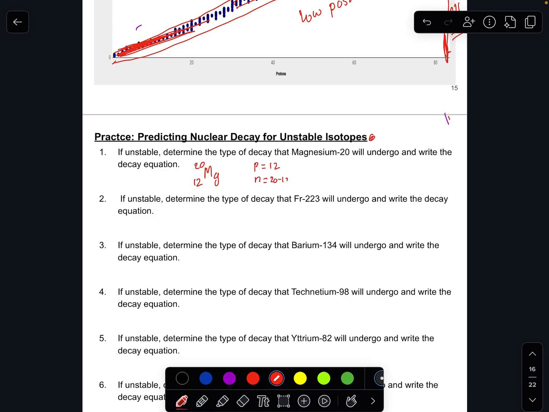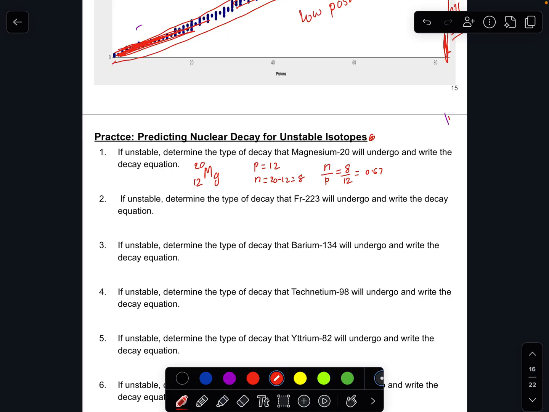Neutrons will be 20 minus 12, which is 8. The N by P ratio is 8 divided by 12, which is 0.67.